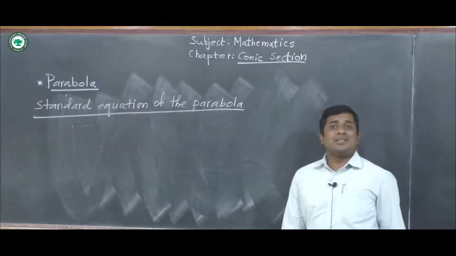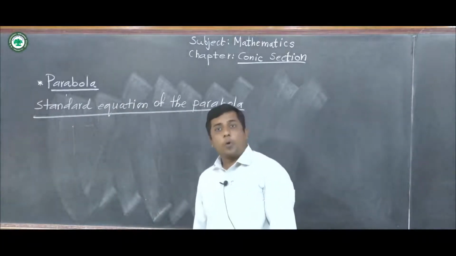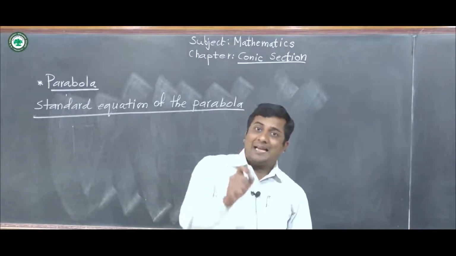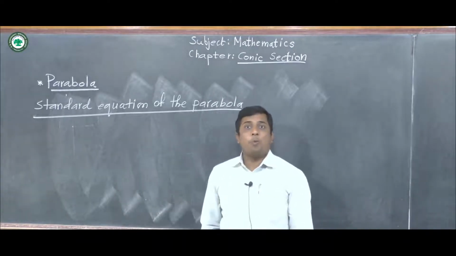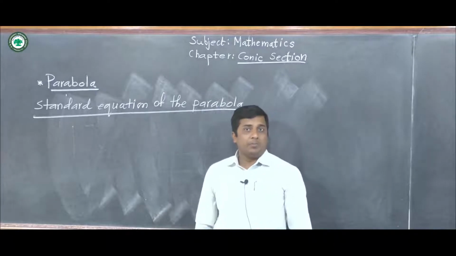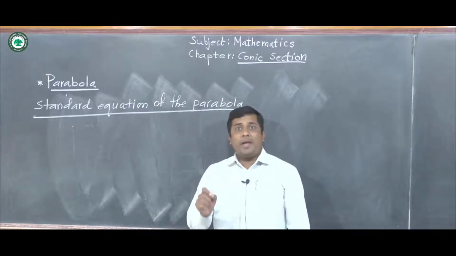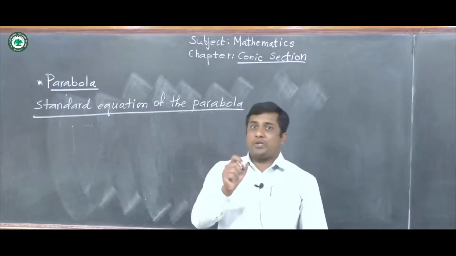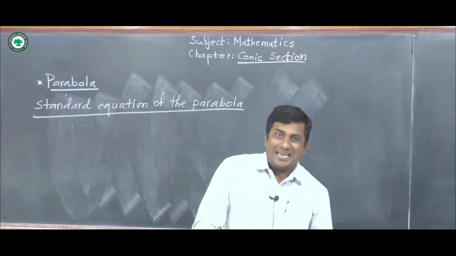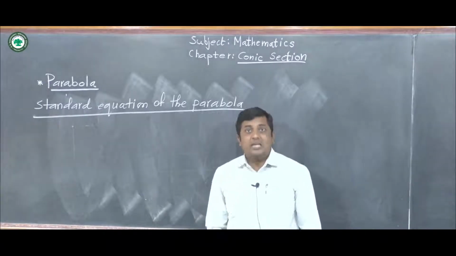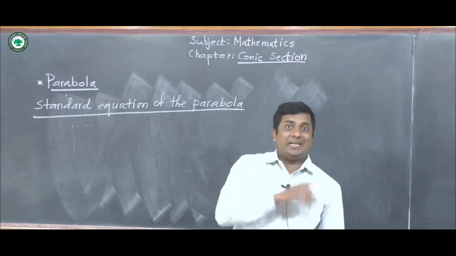Again, to define the standard equation we consider the focus, the directrix, and one point P of x, y, the locus of points which are equidistant from the focus and from the directrix.